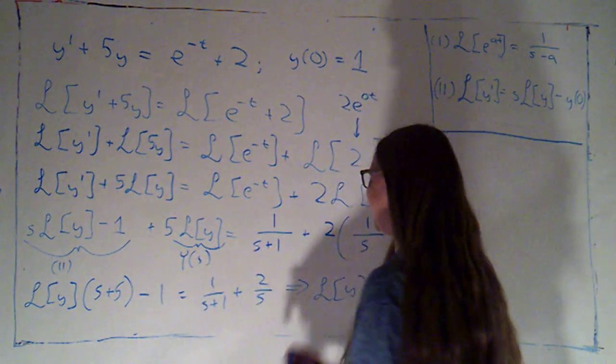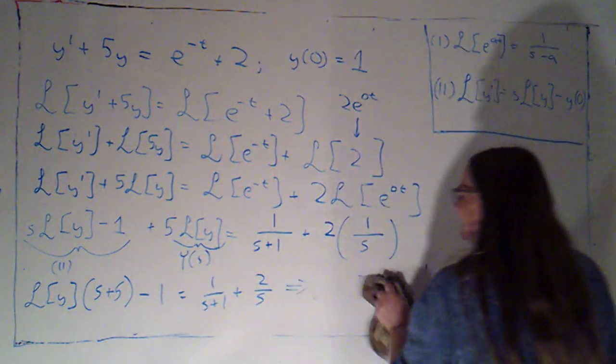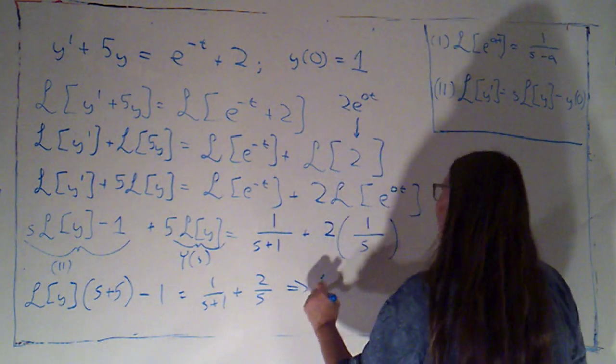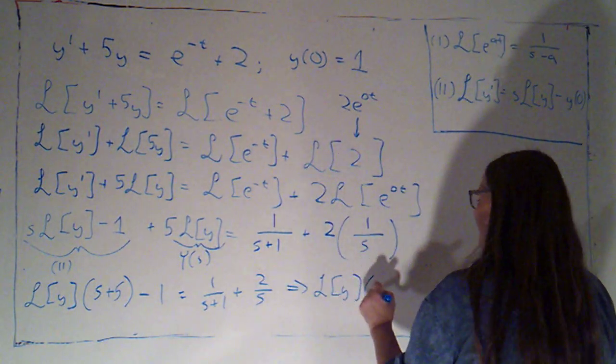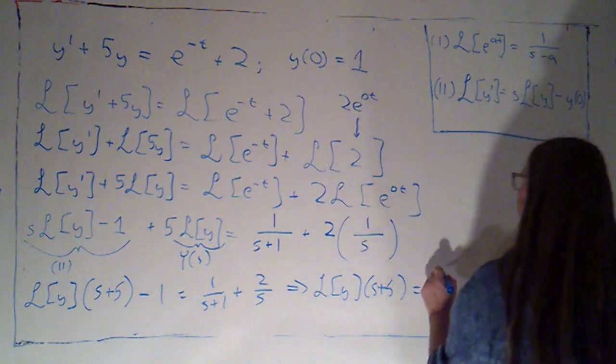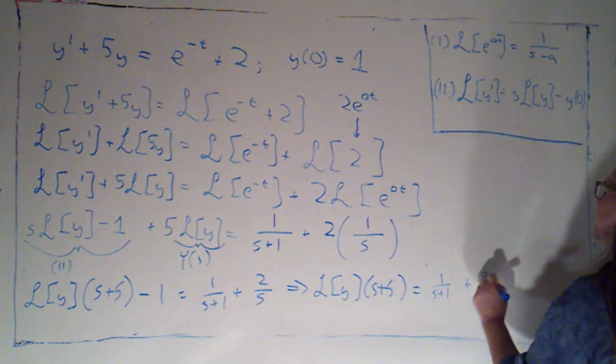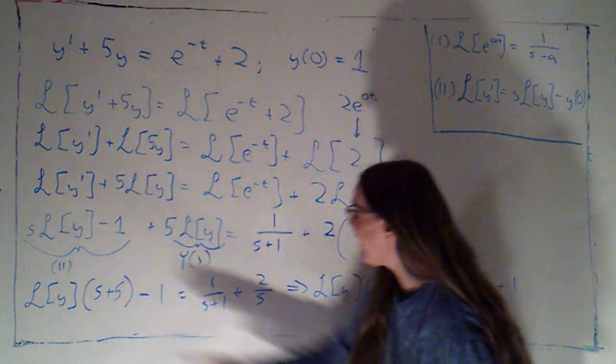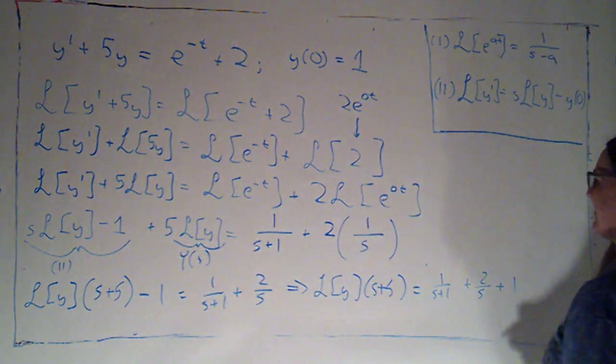I forgot about that minus 1 there. I'm so sorry. I just didn't see that for a second. This means the Laplace transform of y times s plus 5 is equal to 1 over s plus 1 plus 2 over s, plus 1. I need to add over that 1 first. Now I can divide by s plus 5.